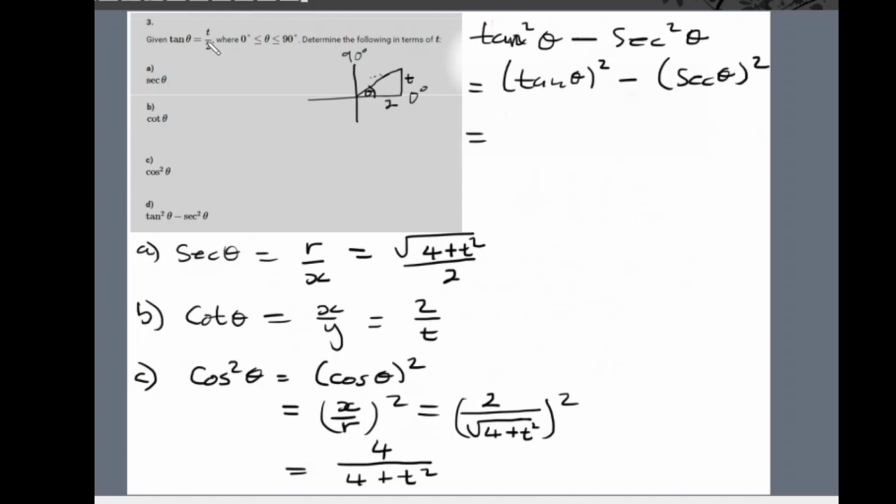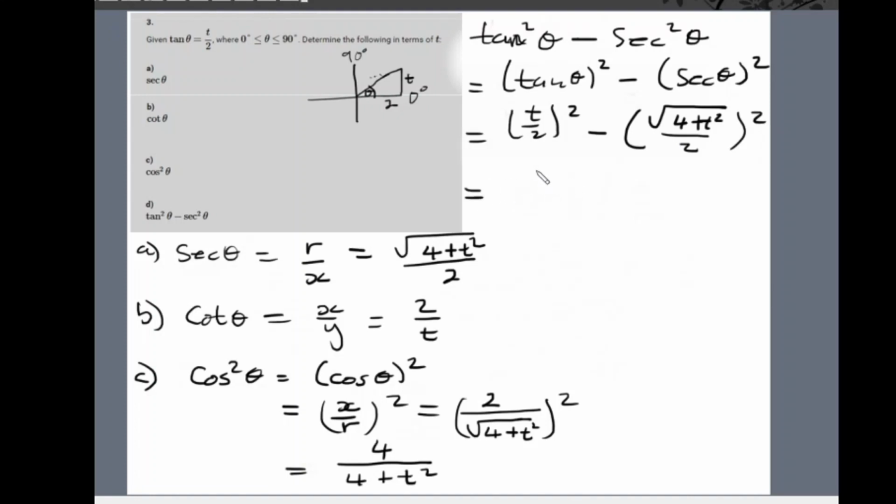Tan theta is t over 2, so it's t over 2 all squared, minus sec theta, which is r over x. We have calculated sec theta already in question A. That is sec theta, which is equal to the square root of 4 plus t squared divided by 2, all to the power 2.